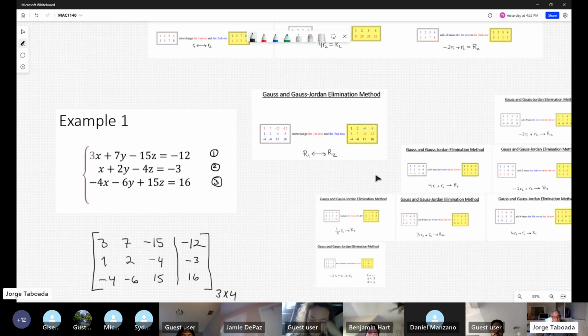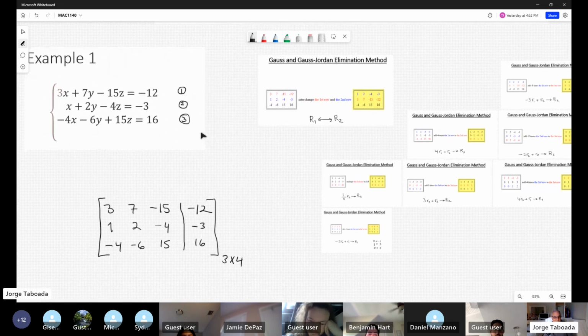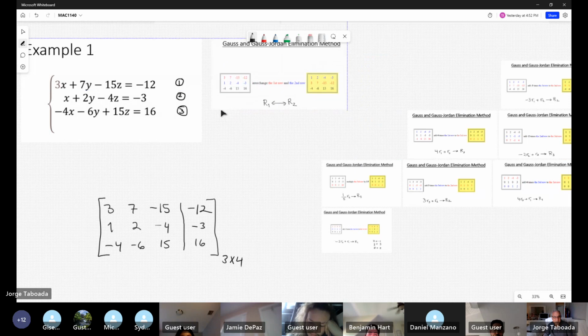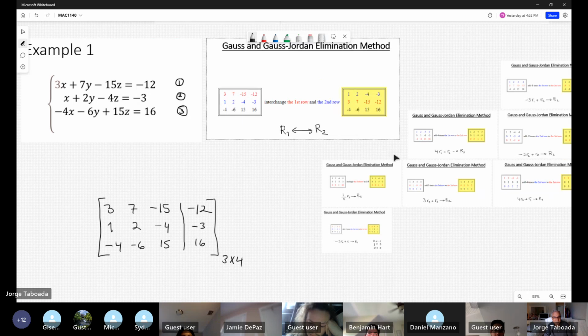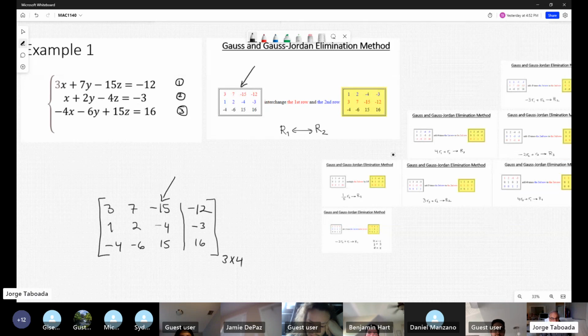Bueno, okay, the professor explained something about the pivot. So the pivot should be 1. However, I see, wow, the easy way to see that is, look, in white color, I copy this matrix, and in yellow color, I copy the new matrix after the transformation.